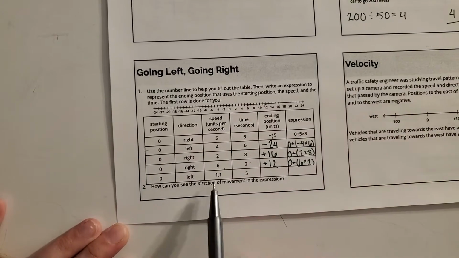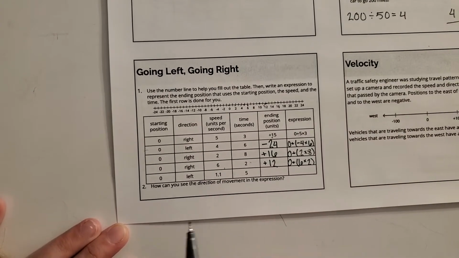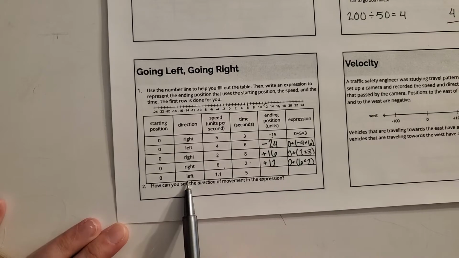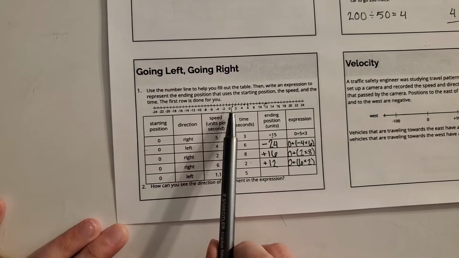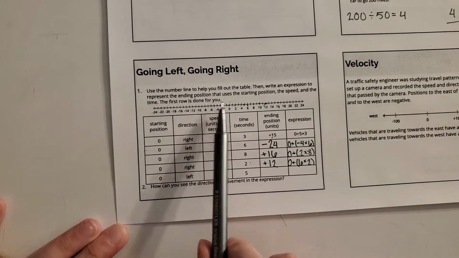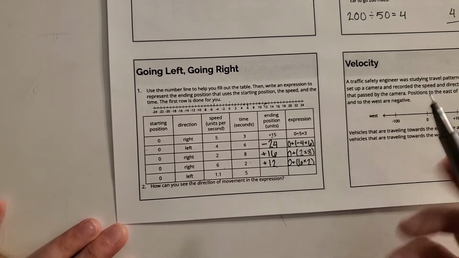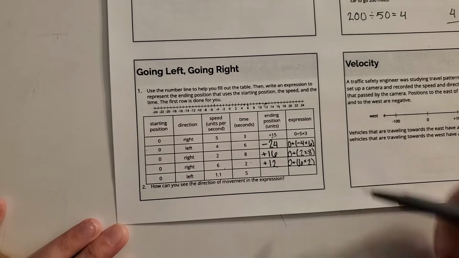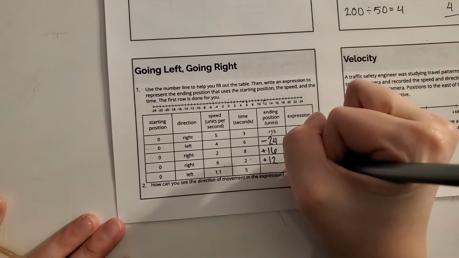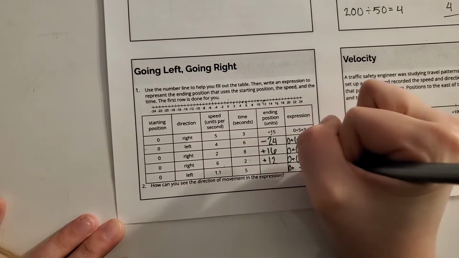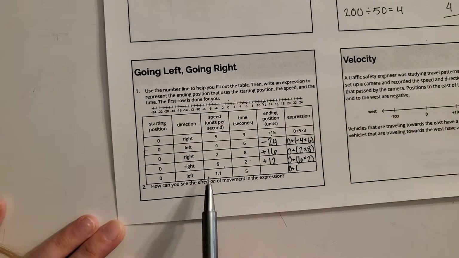And last, we have a decimal. This decimal, we are moving to the left, and it's going to be kind of hard to show the decimal on the line. So let's see if we can write an expression first and then find our ending position. Well, we have this same pattern with everything. So we're going to start at 0 because that's our starting point. And we're going to add our speed.